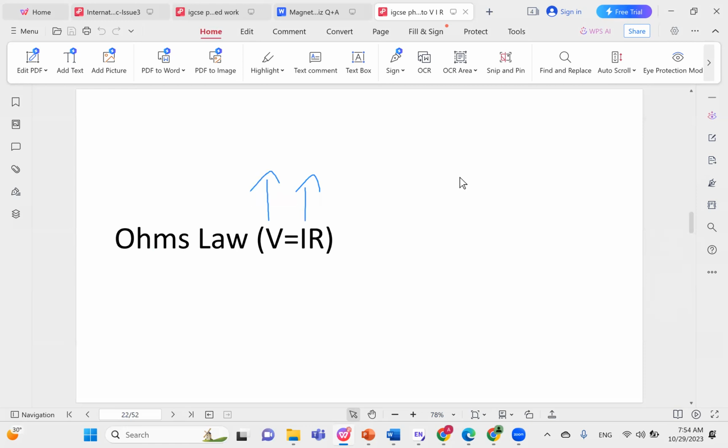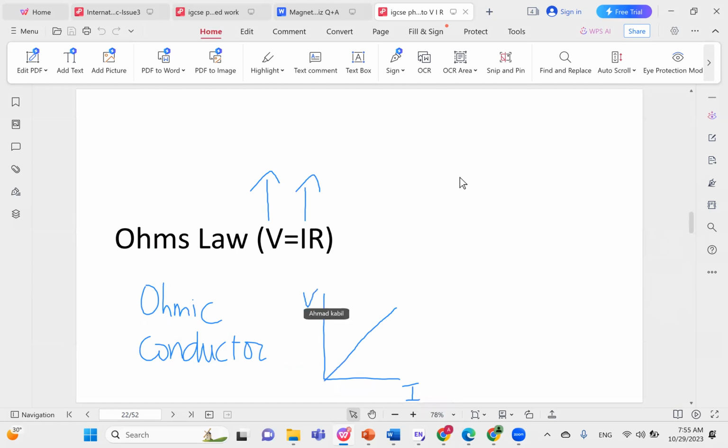And we will see soon that there are different types of resistors. One type is what we call the ohmic conductor or resistor, and it is characterized by following Ohm's law till the very end. So this is what a graph would look like between I and V for an ohmic conductor.